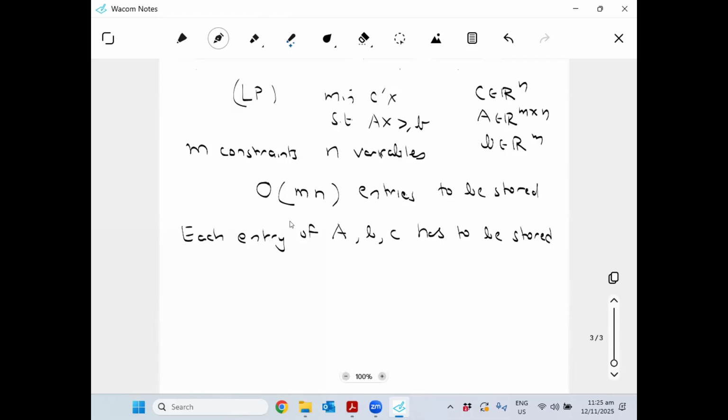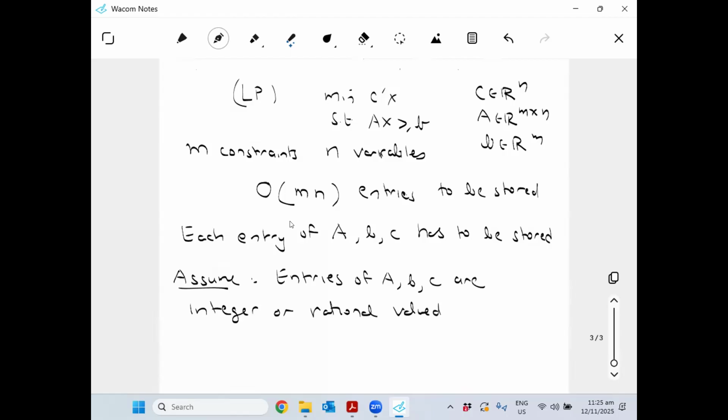The way you do this typically, and this is how you do typical analysis, is to assume that the entries are integer or, more generally, rational valued.